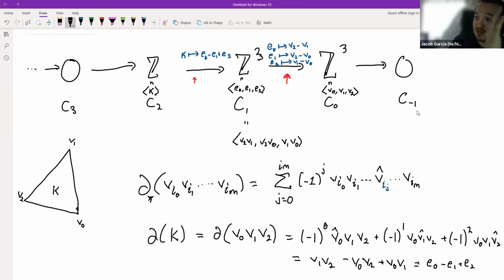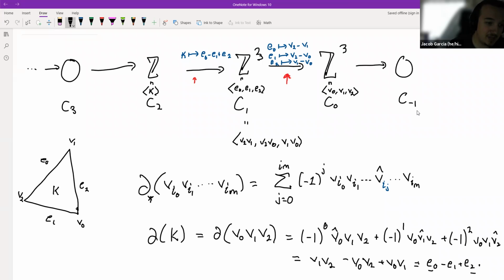If you use the right-hand rule, where you curl your fingers and your thumb is pointing towards you from the screen, then the orientation of the vertices and the orientation of the sums that we just computed down here match exactly the right-hand rule. So the positive edges E0 and E1. So this is E0 and this is E1, this is E2. But if you use the right-hand rule, just following the direction V0, V1, V2, you will find that E2 and E0 follow that right-hand rule.